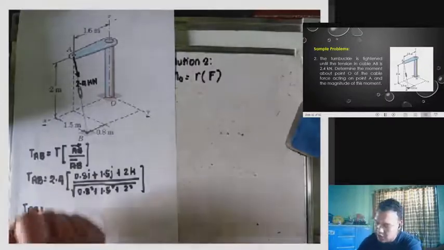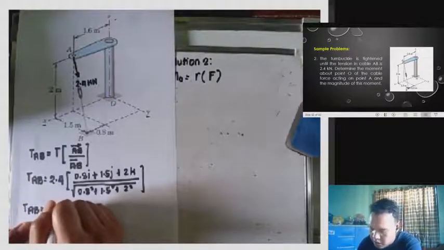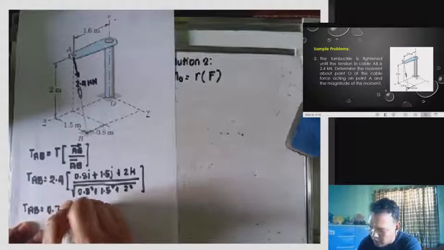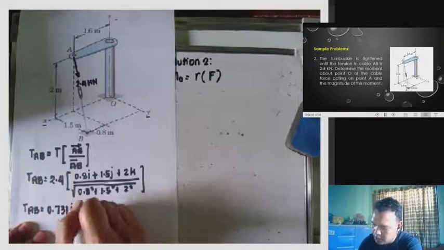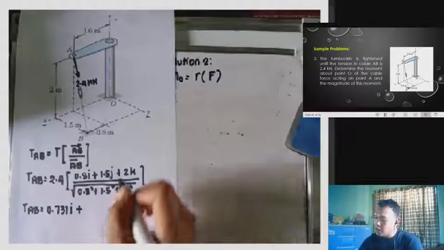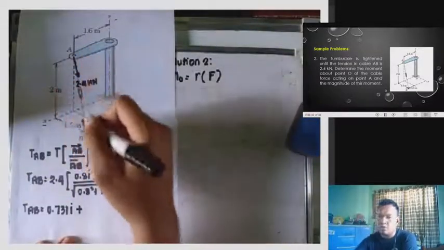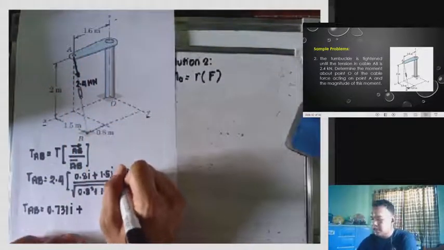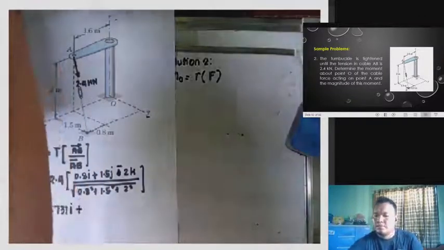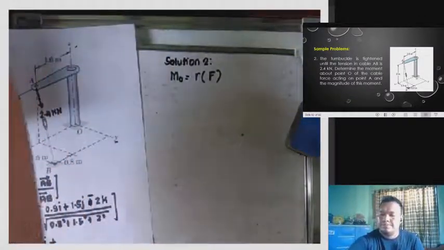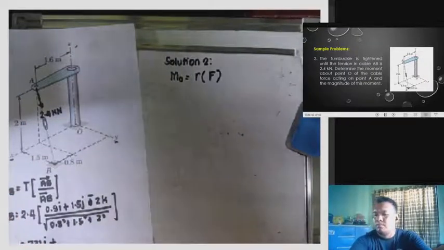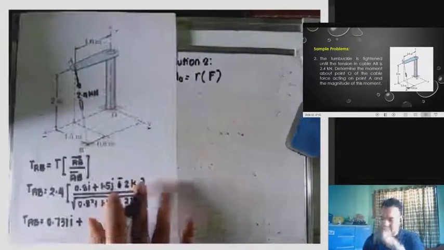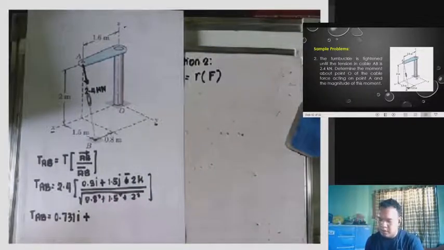We have here 0.731i plus yung 2k po ay negative kasi downward yung force natin. So, therefore, ito ay negative. Okay. So, 1.5 tayo. 2.4 times 1.5 all over the square root ni 0.8 squared plus 1.5 squared plus 2 squared.